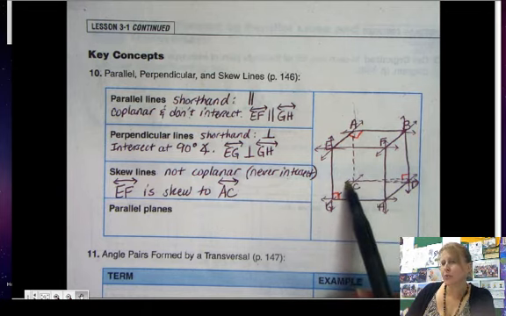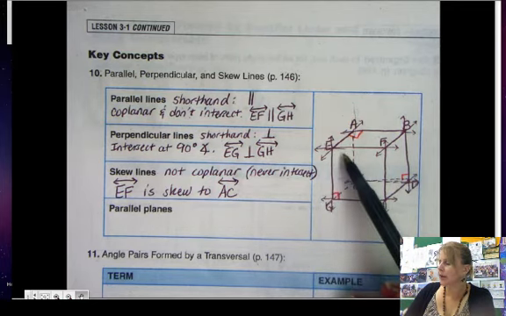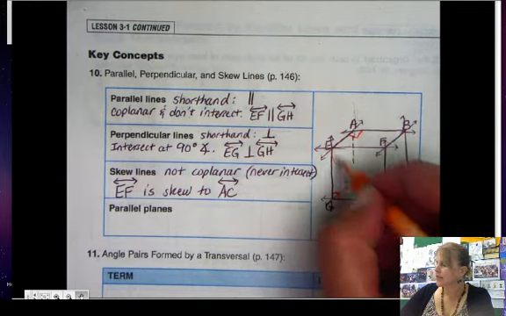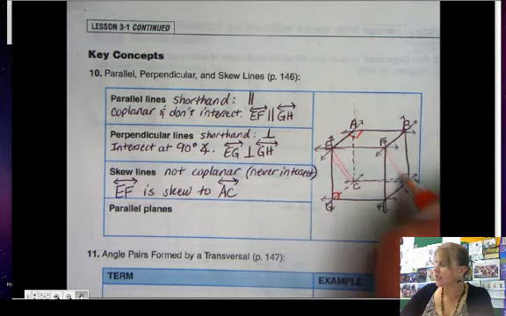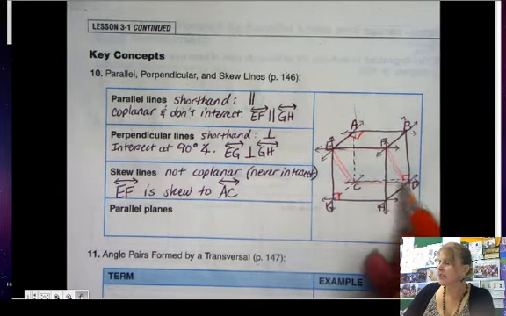That's not true. Even though it kind of looks like they're not coplanar, I could draw a plane between EC and FD, so don't make that mistake. EF and CD are actually parallel, not skew.